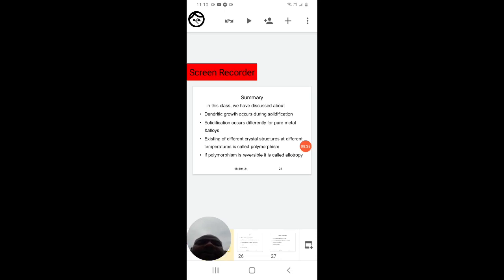Gamma iron is easy to remember: gamma means FCC structure, face centered cubic structure. It is a stable form of iron. In most engineering applications also, this stable form of gamma iron and austenite is used.